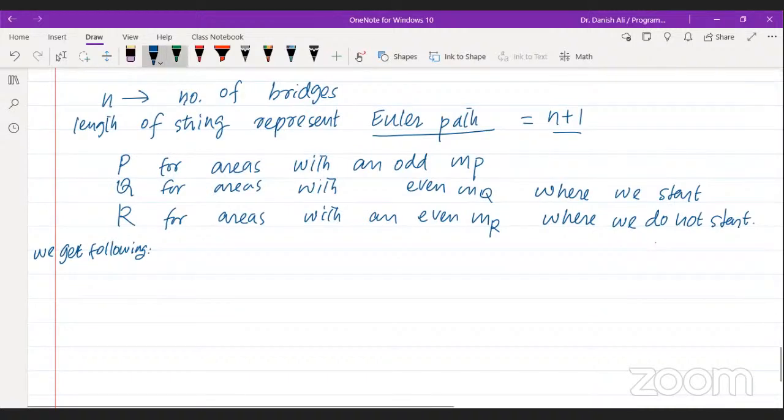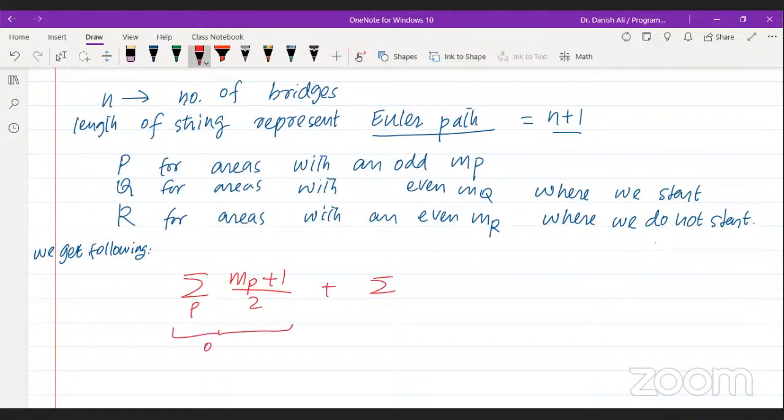So the equation becomes: sum all the letters with given areas, sorry, these are odd areas, the sum over odd areas, sum over all the even areas where we do not start, so that these are MR by 2.